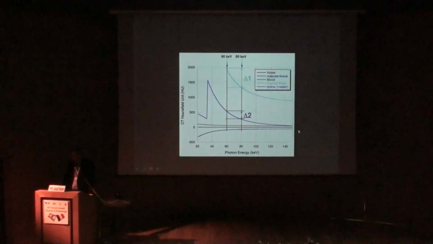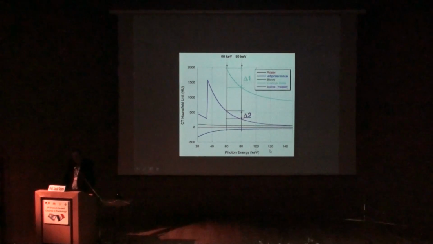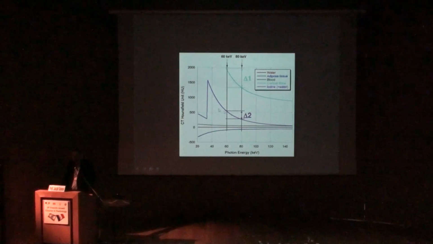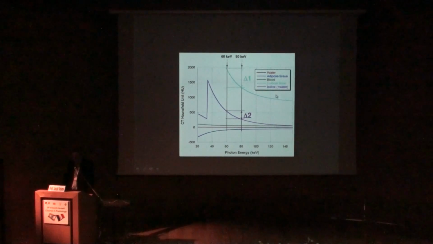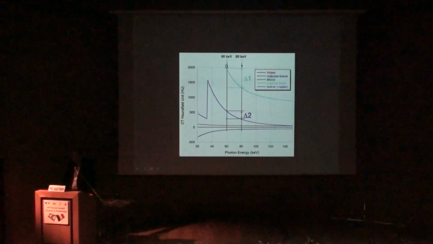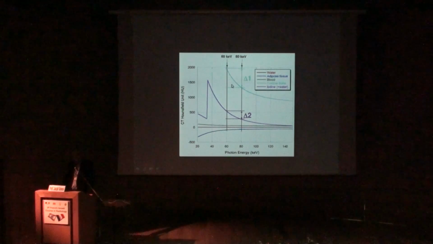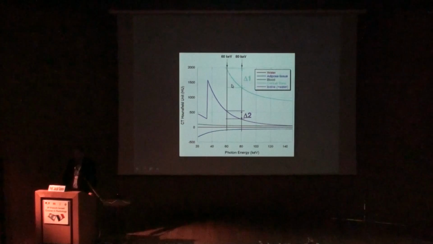When we go down with the energy of the photon, let's say from 140 to 20, different tissues behave in a different way. If we look at iodine, when we go down in energy, the attenuation goes up, and calcium, again, when we go down with energy, the attenuation goes up, but in a different way, and we can separate iodine and calcium.